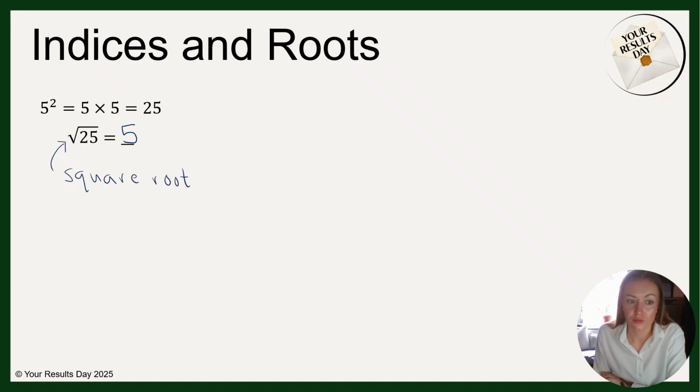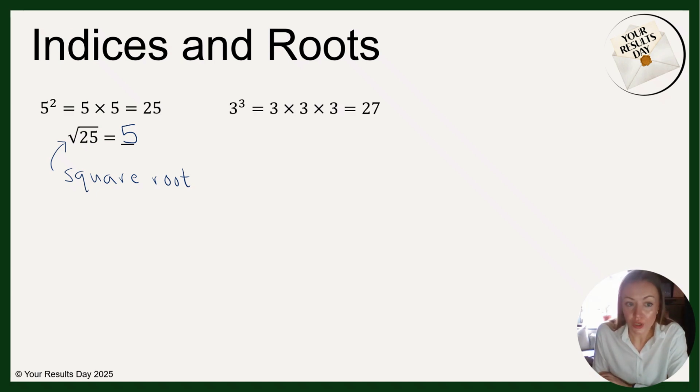Square root. They are inverses. Just like addition and subtraction do the opposite, they are inverses. Just like multiplication and division do the opposite because they're inverses, squaring and square rooting are also inverses. One undoes the other. They do the opposite thing. So if 5 squared is 25, the square root of 25 is 5. It takes us back to where we started.